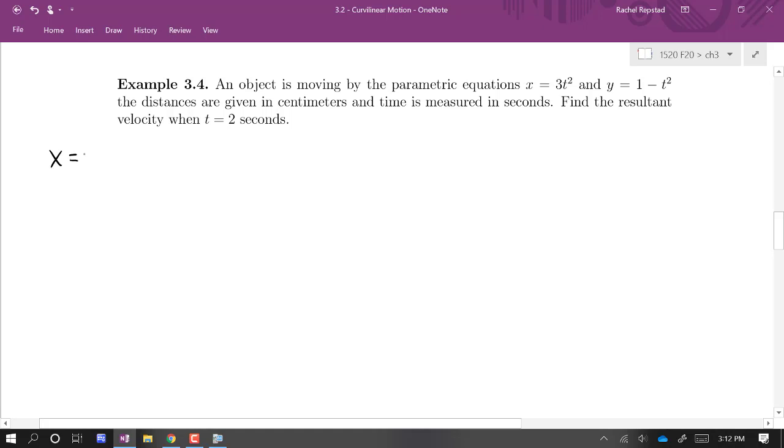So I'm going to start with the given equations. I know that x is 3t squared, so dx/dt is 6t, and the x component, Vx, I'm going to get just by evaluating the derivative when t is equal to 2. They told me that's the value of time I'm interested in. 6 times 2, or 12.